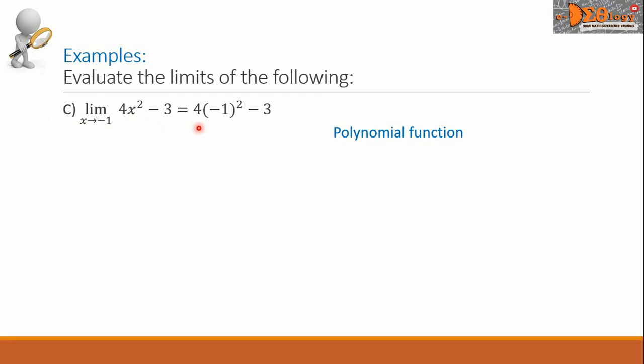So we have 4 times -1 squared minus 3. The square of -1 is simply +1. So 1 times 4 minus 3. The product 4 times 1 is simply 4, minus 3, and we have 1 as the final answer.